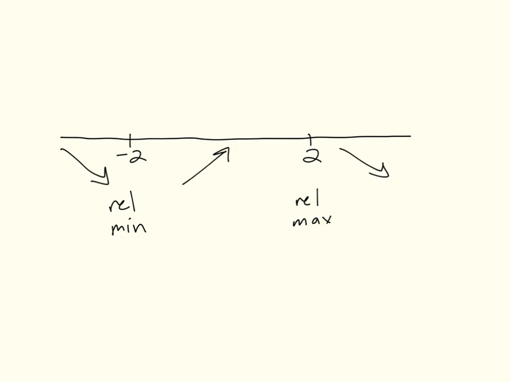In order to find the y coordinates, you have to substitute these x coordinates into the original function. The original function is f of x equals 12x over x squared plus 4.